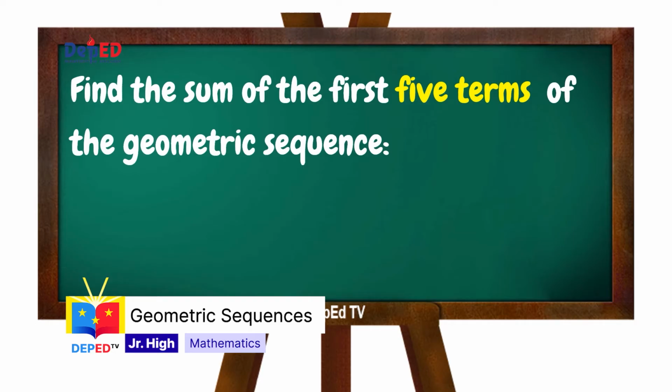Find the sum of the first 5 terms of the geometric sequence 7, 14, 28, and so on. Basically, we need to identify first the common ratio of the sequence to generate the next terms of the sequence, as what we have discussed in the previous episodes.